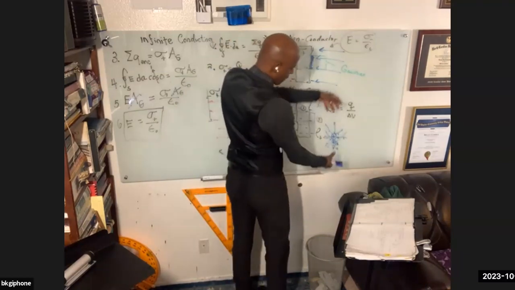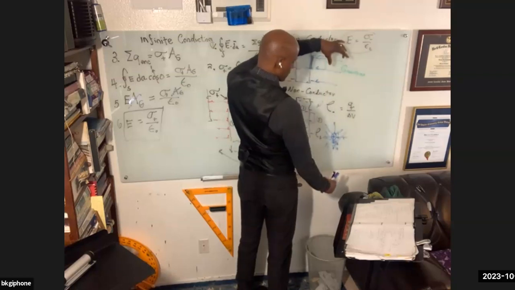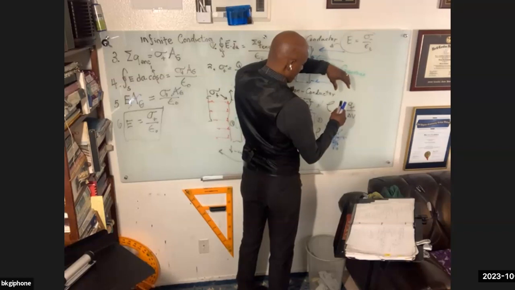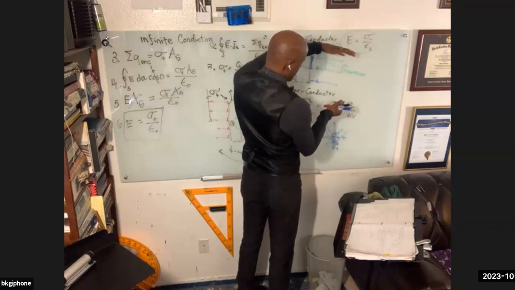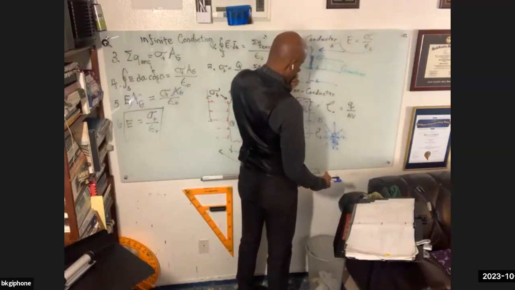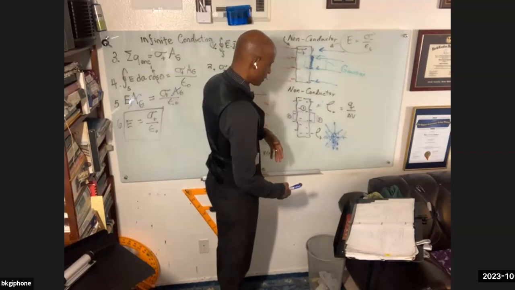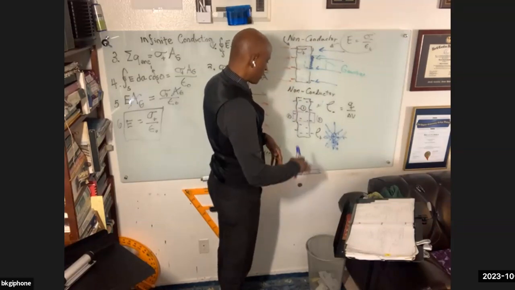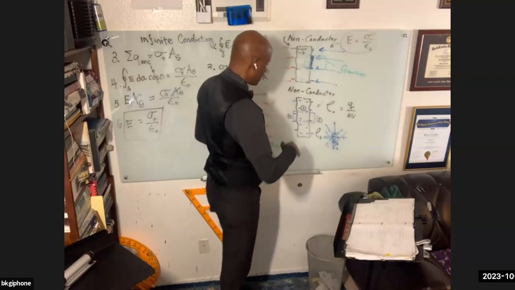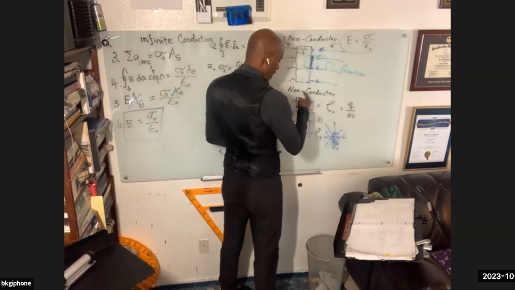No matter how far you go above, in any region that you take, at every point you could incorporate more charge above or below. So the vertical components, there'll be enough to cancel out the field at every point. In terms of the horizontal, the only place that will happen is right in the middle.